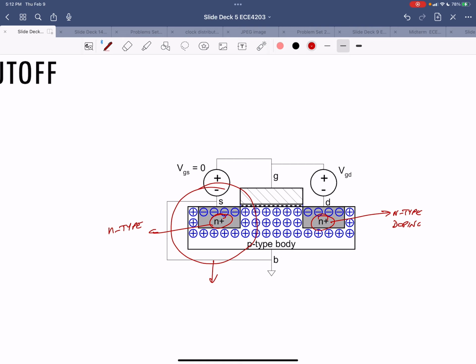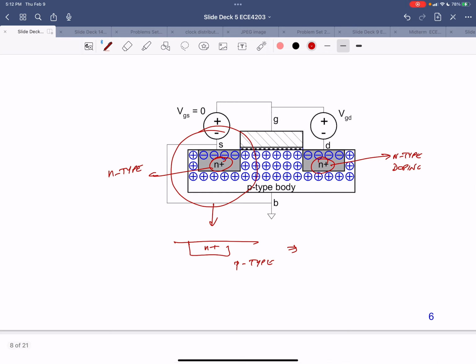I have N plus and P type, and if I draw it in a cartoon structure, I have a P and an N type, and the circuit drawing for this looks like a diode. In fact, that's what I have between the source and the substrate, and also the drain and the substrate. It looks like I have diodes initially.